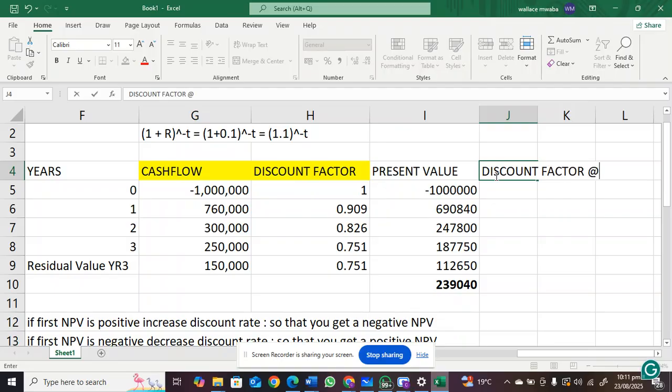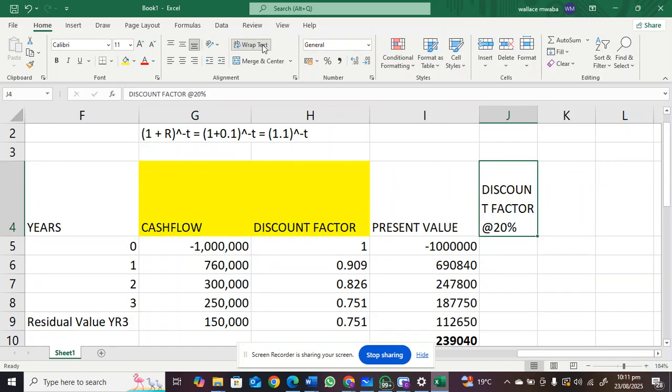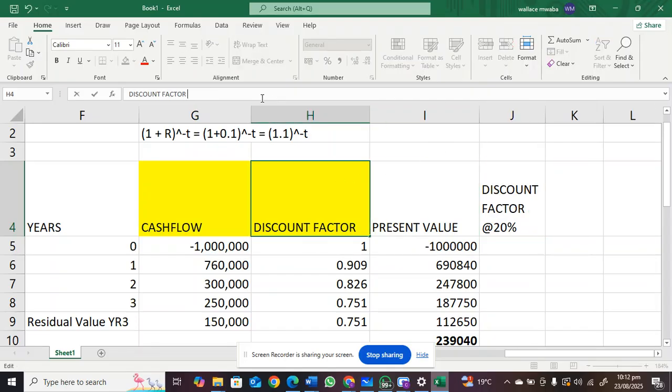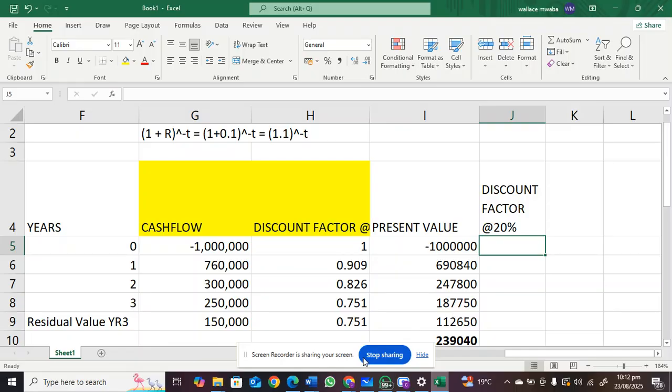I'll use 20%. It's up to you to choose; you are not restricted. Here, we used a discount rate of 10%.